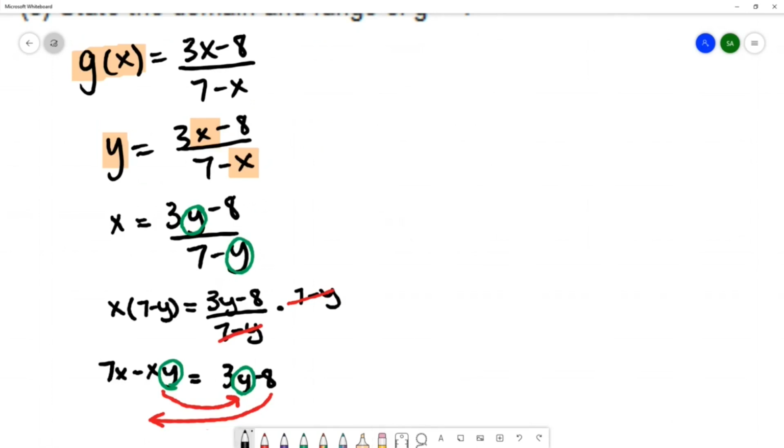That will give 7x plus 8 equals 3y plus xy. Now that I have collected the y terms, I'm able to factor out the y, and when you factor it out, you only have one y.